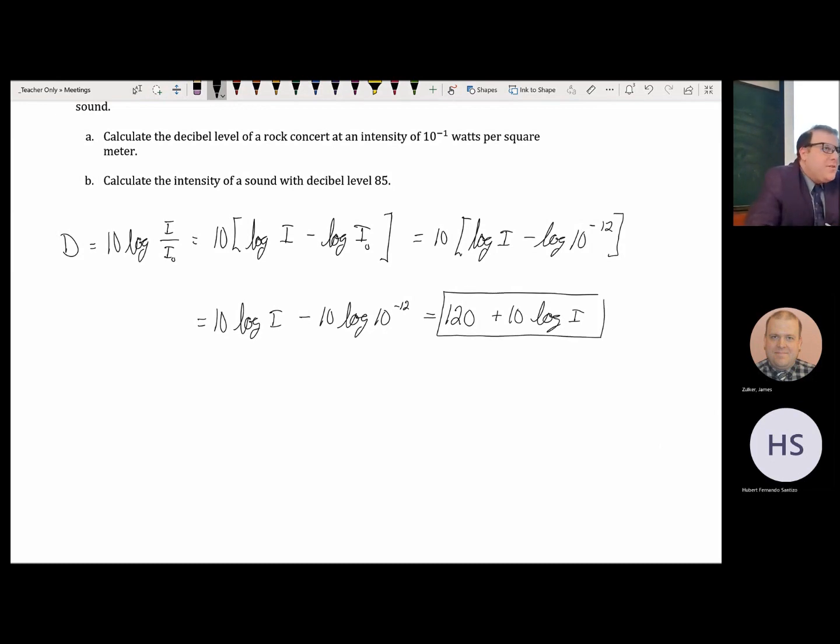That's the model I'm going to be using. Notice this works because I naught is a constant.